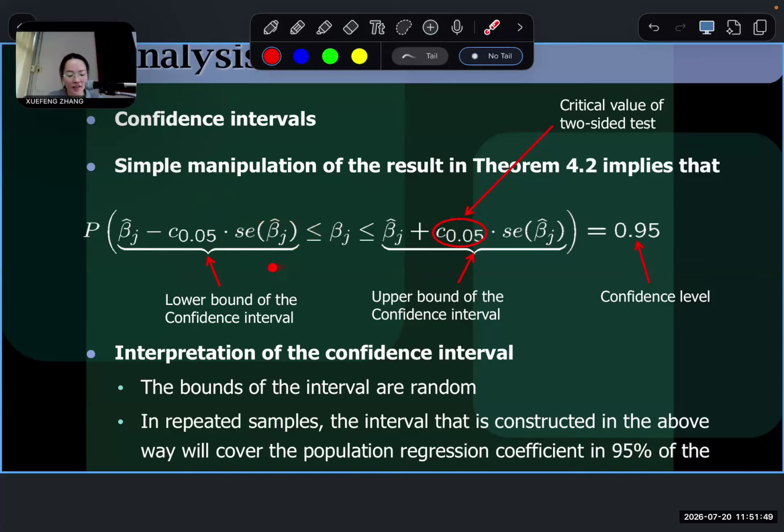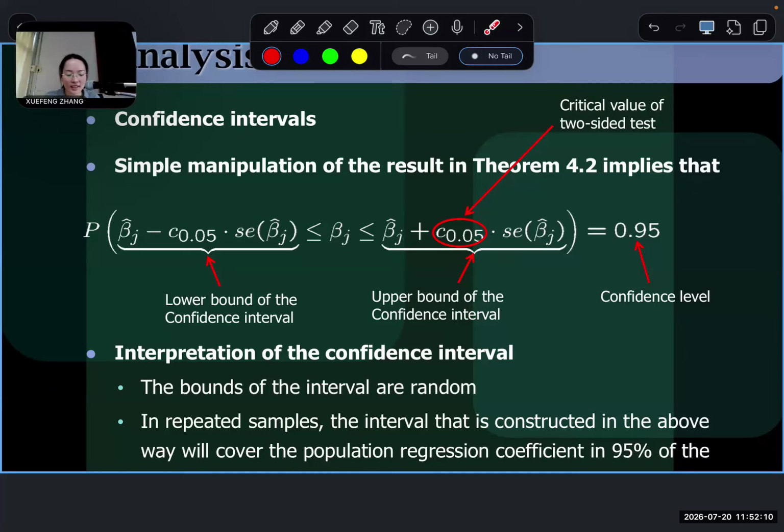Basically, this is the lower bound of the confidence interval. And if we add the critical value times the standard error, that gives the upper bound of the confidence interval.